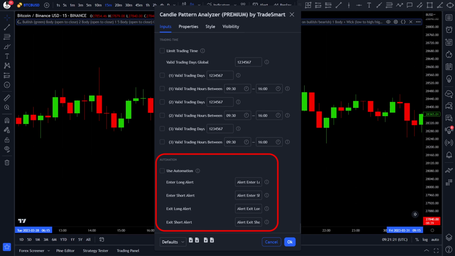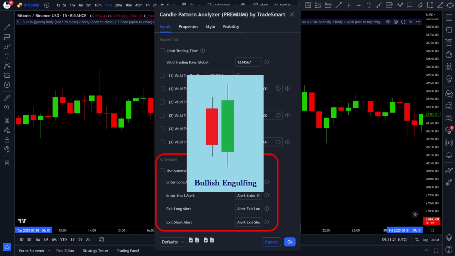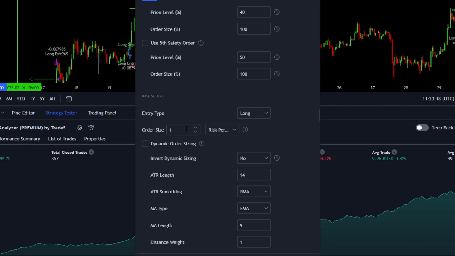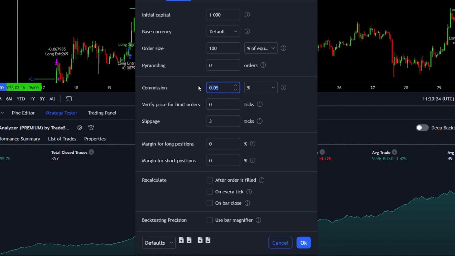And now, to show you the potential of this script, let me show you a bullish engulfing pattern optimization I just created. The main idea was to create an optimization that works well on the 1-hour BTC BUSD chart. First of all, I set up a basic position sizing I always use, which is the 1% risk per trade. I also set a 0.05% trading fee and a 3-tick slippage.